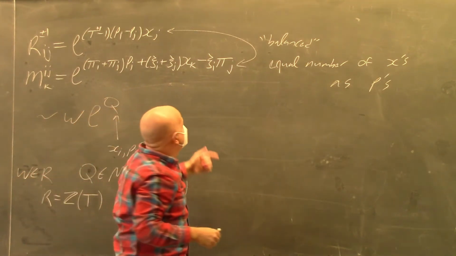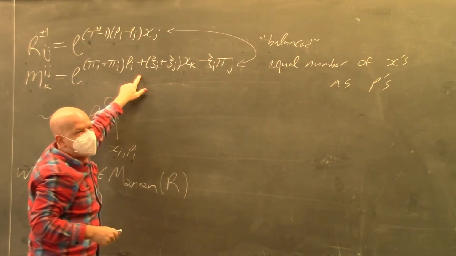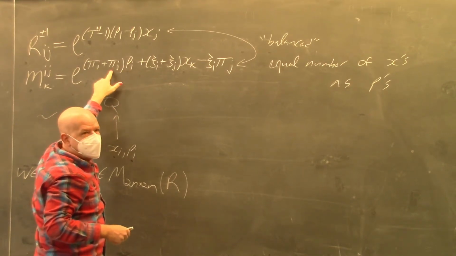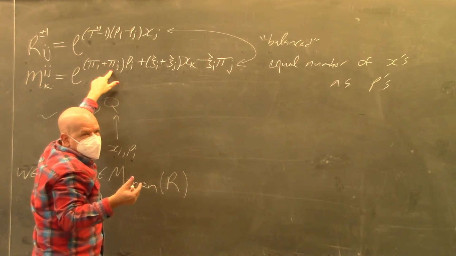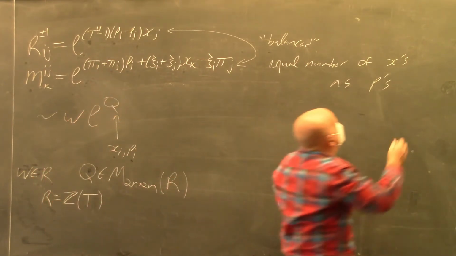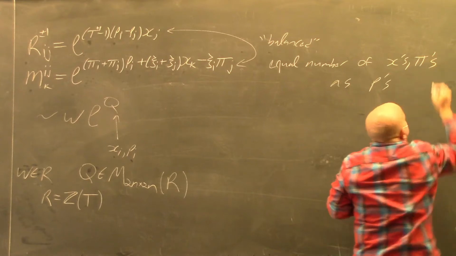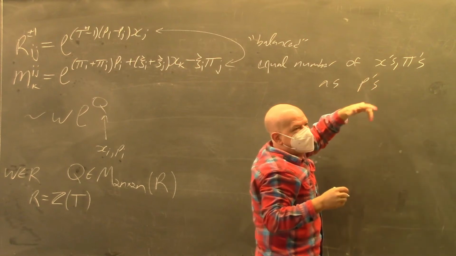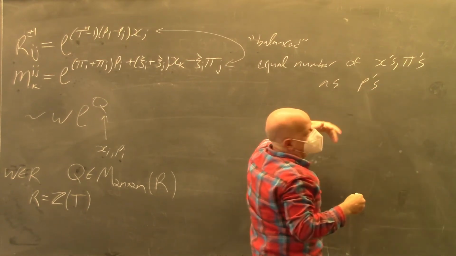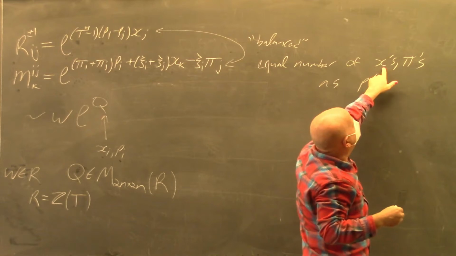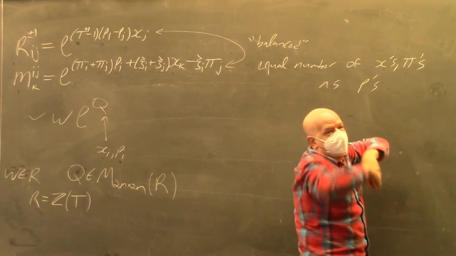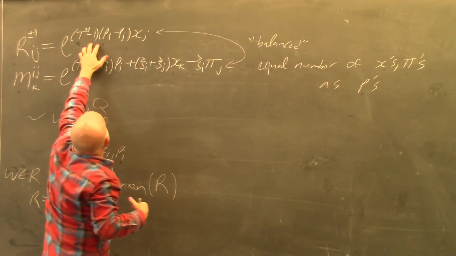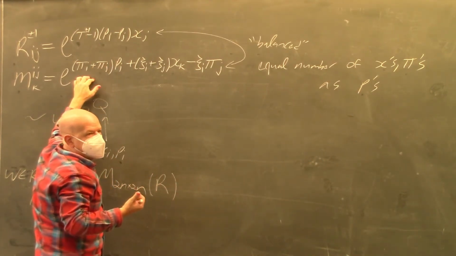But if you also allow Greek letters, then you sometimes get p and pi. So p and pi are sort of opposite. If I count the pi's with the x's, in other words, if I weight x's and pi's with positive weight and p's with negative weight, then the terms are still all balanced.